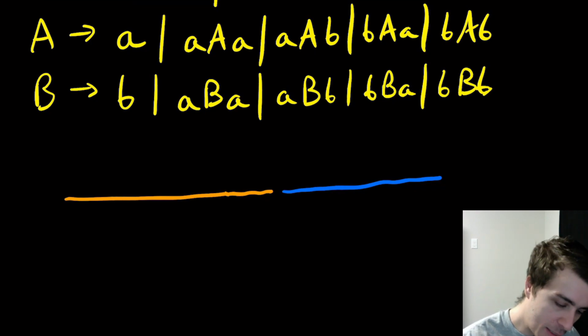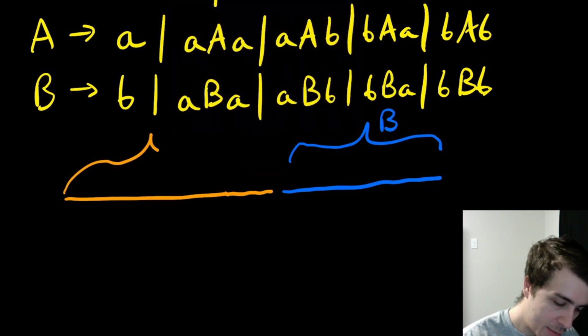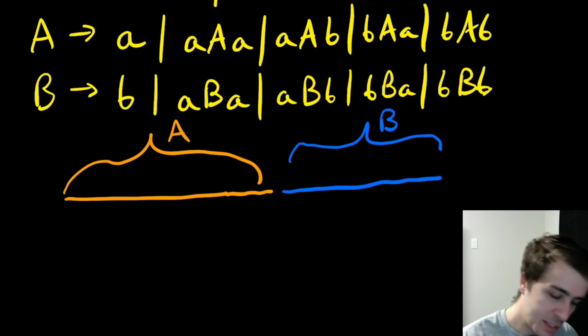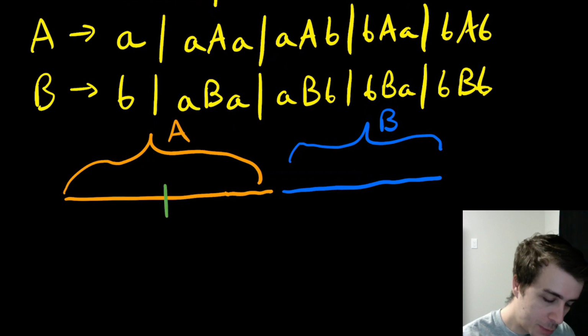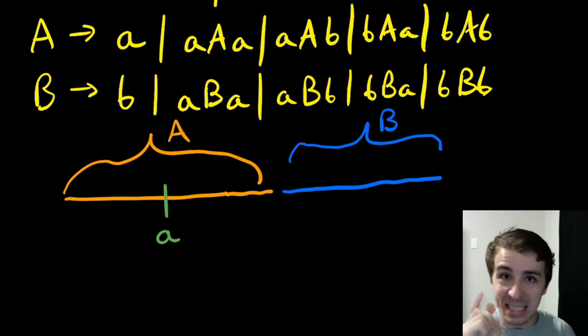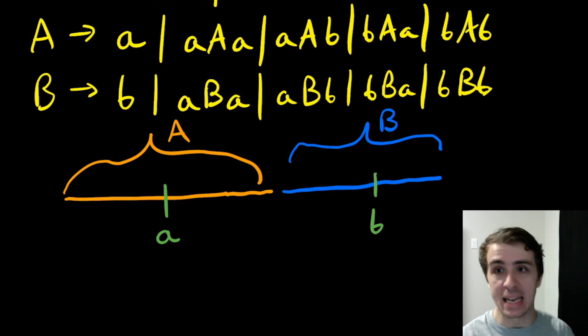So here I'm saying that this part right here is what the B variable makes. This part right here is what the A variable makes. And in the middle of both of them, this part must have an A exactly in its middle, and this one must have a B exactly in its middle.